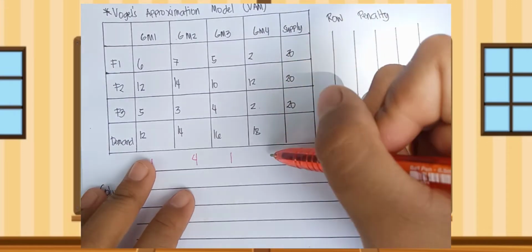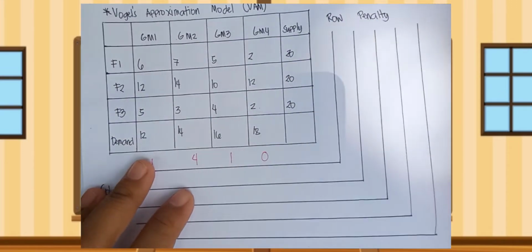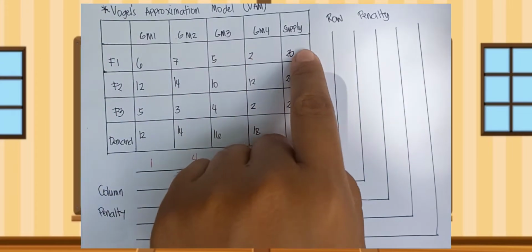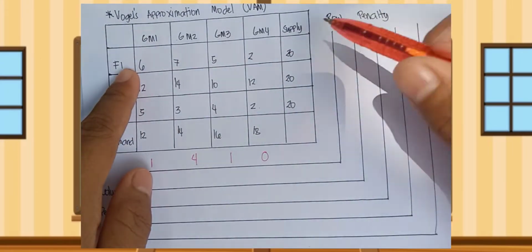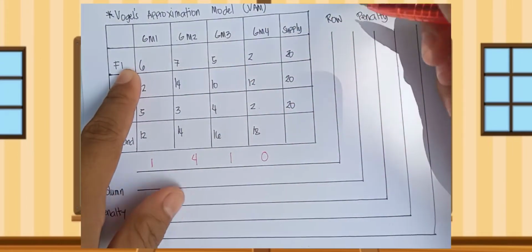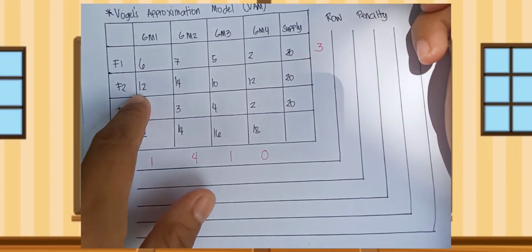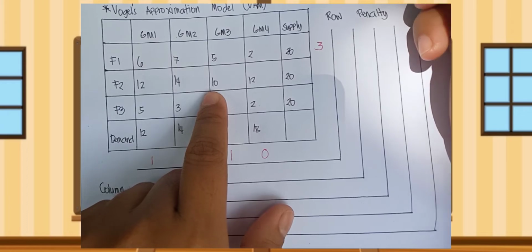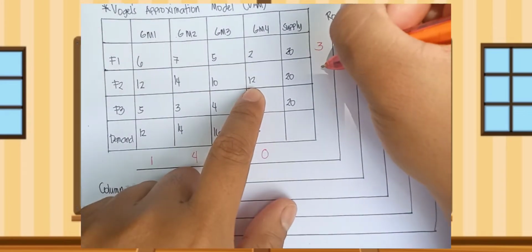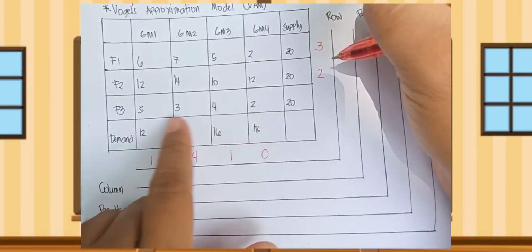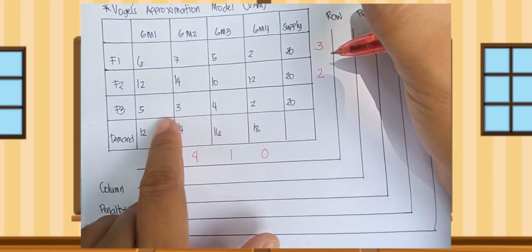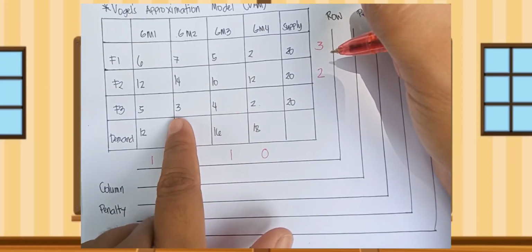So 2 minus 2 is 0. Then in this row, we have 2 and 5. So 5 minus 2 is equal to 3. And then in this row, we have 10 and 12. So 12 minus 10 is 2.